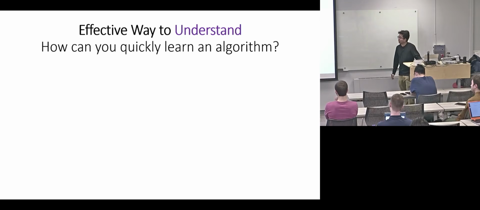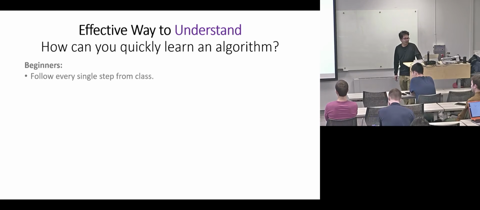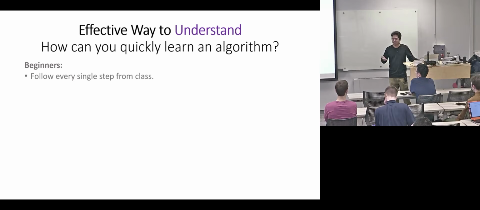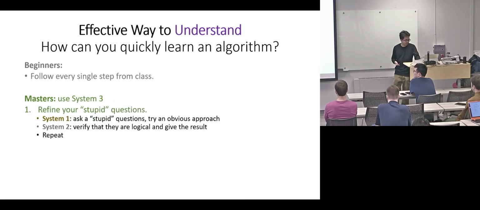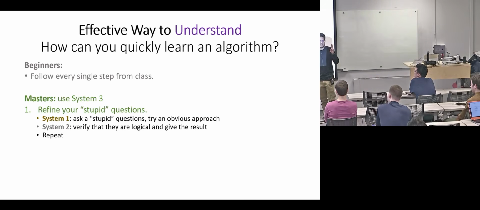So this is what I mean by how to learn effectively in this class. In the beginning, you might want to follow every single step in the argument, right? But if you really want to get good intuition about a concept in this class, maybe one way is to keep refining your stupid question.